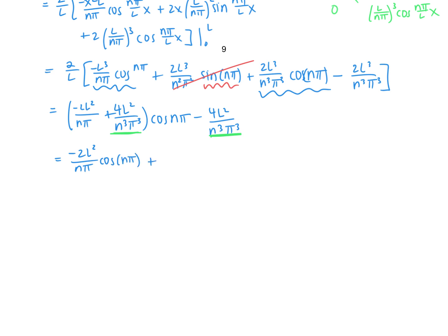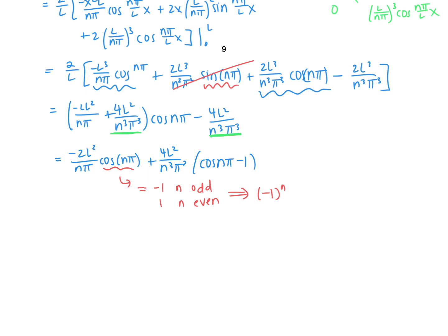And then I have that 4L squared over n cubed pi cubed, and I have a cosine of n pi subtract 1. Okay, so we've already looked at this cosine of n pi. We've seen that it equals negative 1 when n is odd, and we've seen it equals positive 1 when n is even. So again, the way that we can rewrite that is negative 1 to the n power.